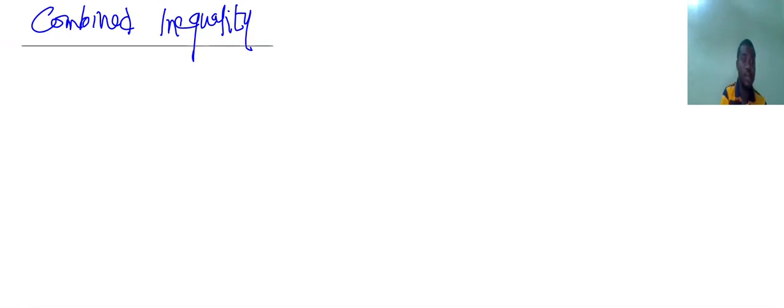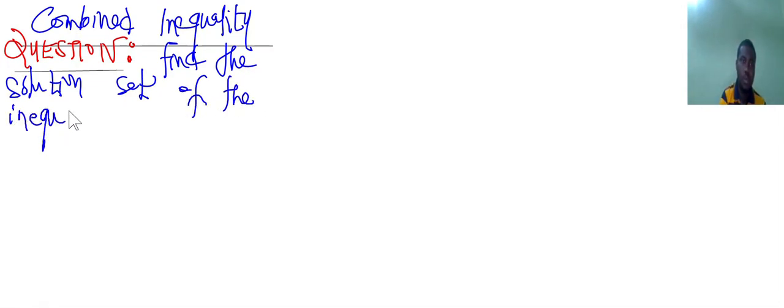Question: find the solution set of the inequality 3x minus 2 less than x plus 1 less than or equal to 2x plus 3.